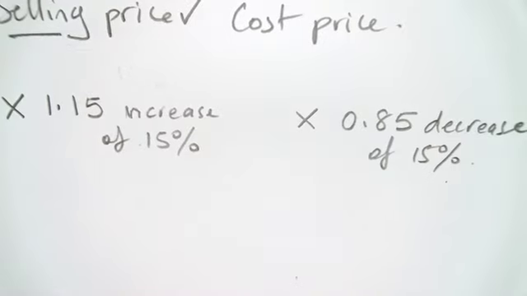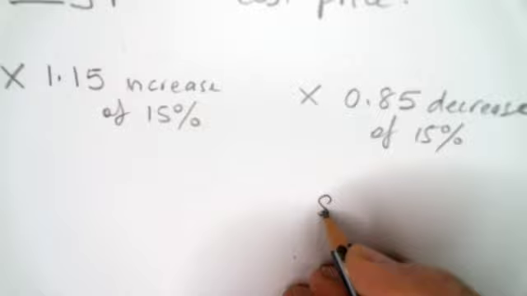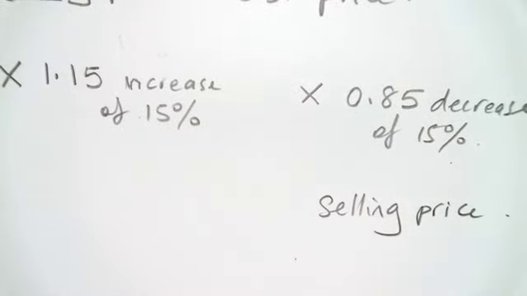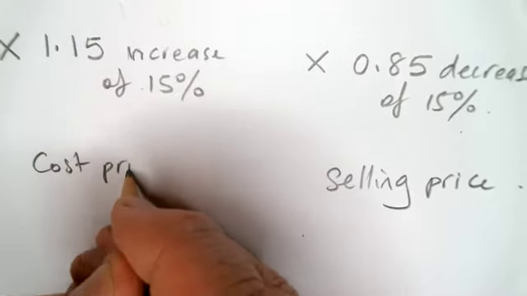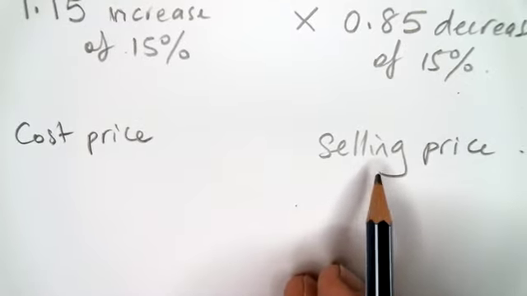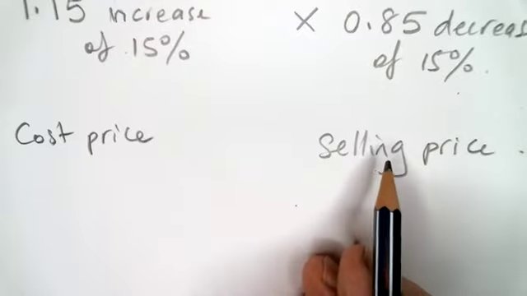All right, so let's imagine you're in a store and you're seeing on the shelf, you've got a selling price. And this is where it gets really simple. We want to find the cost price, but we're told the selling price is a certain amount after some increase or decrease.